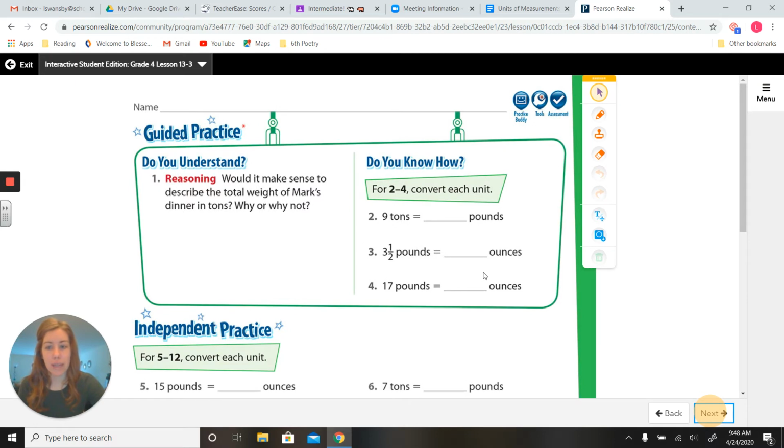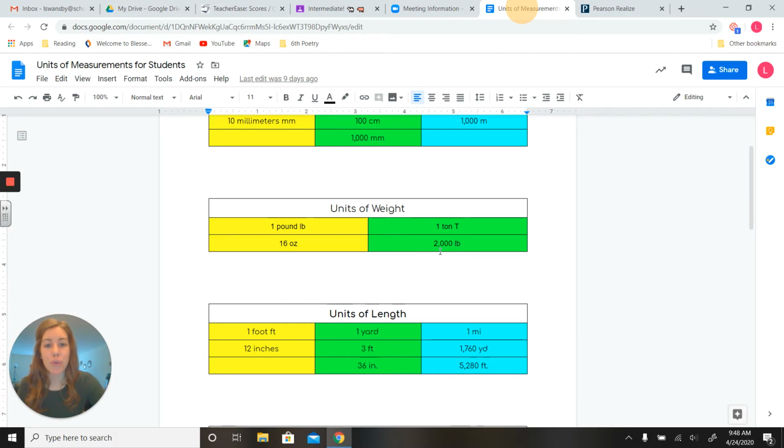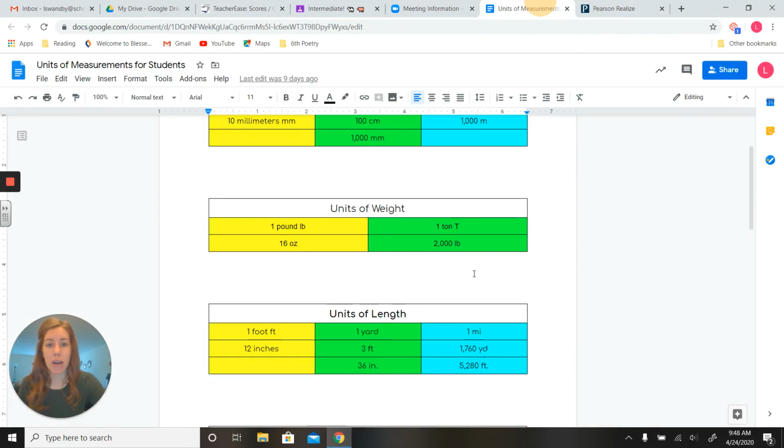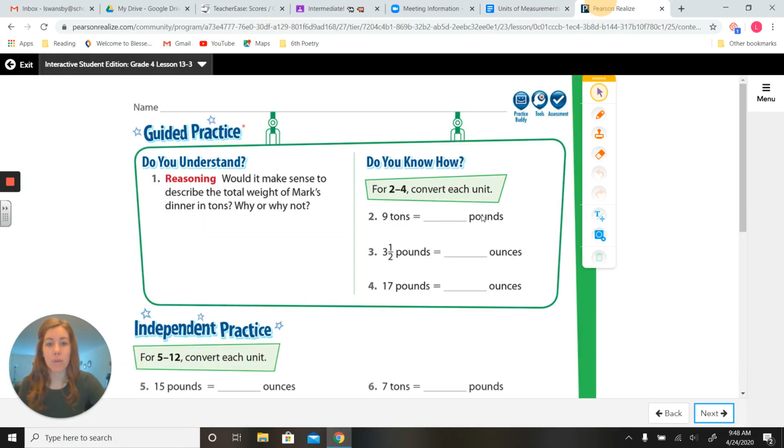Okay, let's do a little bit of practice here. So remember, 1 pound equals 16 ounces. 2,000 pounds equals 1 ton, and we're working with tons here. So if 1 ton equals 2,000 pounds, I want 9 tons.